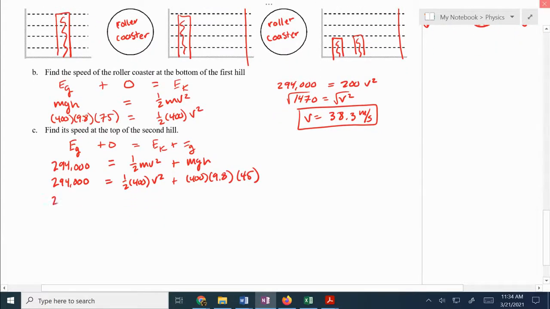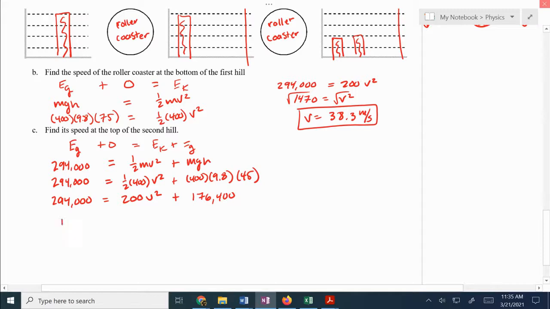So now to do some last calculations here, we got 200 v squared plus 400 times 9.8 times 45. That's going to give me 176,400. Subtract that to the other side, so 294,000 minus the 176,400.